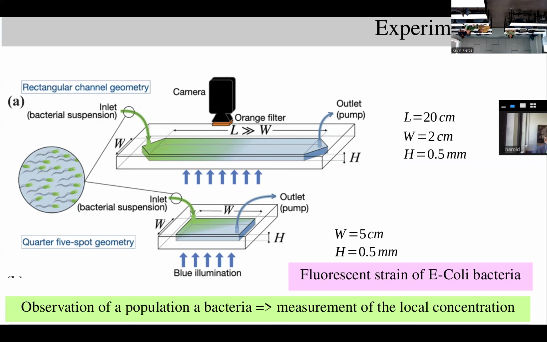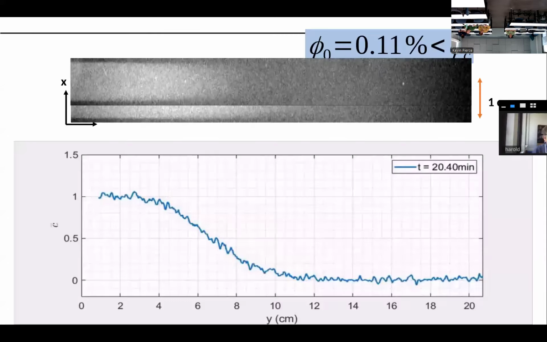And what you will see is not single bacteria, but a population of fluorescent bacteria, and we can relate the local concentration in volume fraction of bacteria to the light emitted by the liquid. So it's on the next slide.